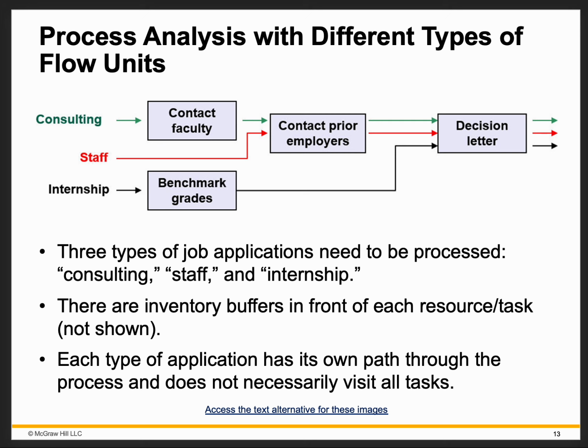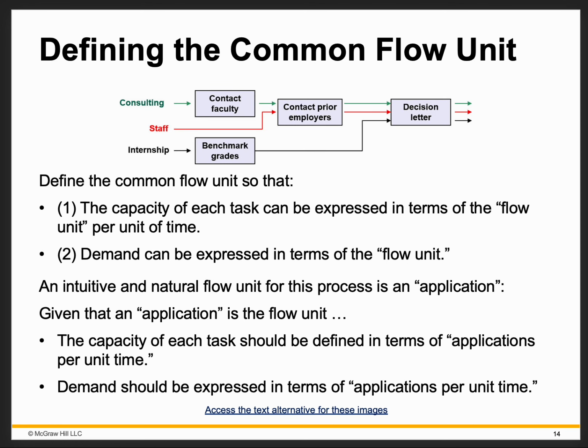So in a situation like this, when you have multiple flow units, how do you do process analysis? It is obviously a lot more complicated than what you had before. The way you do it is you define a common flow unit so that the capacity of each task can be expressed in terms of that flow unit per time, and demand can also be expressed in terms of that particular flow unit.